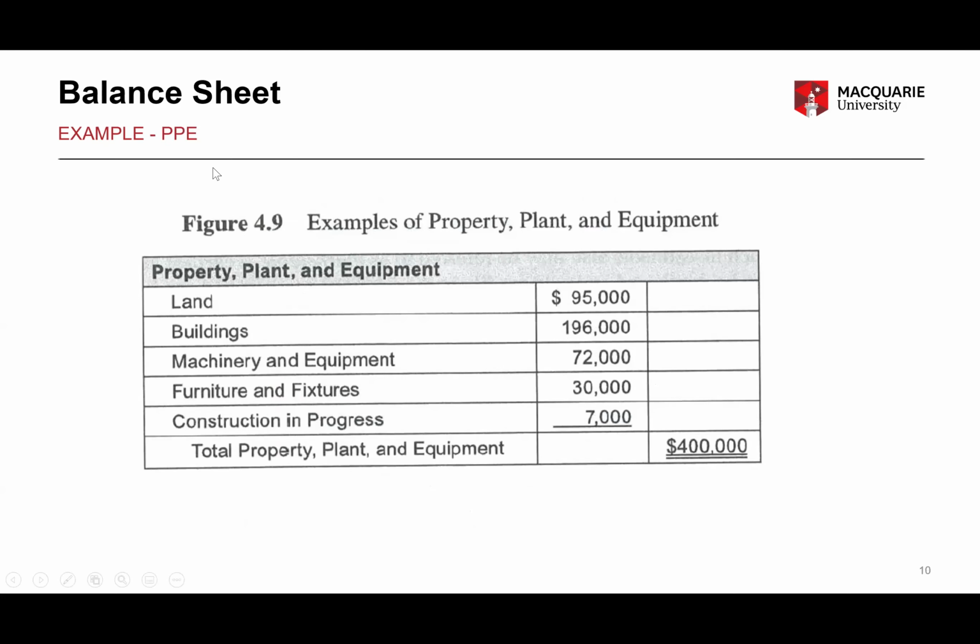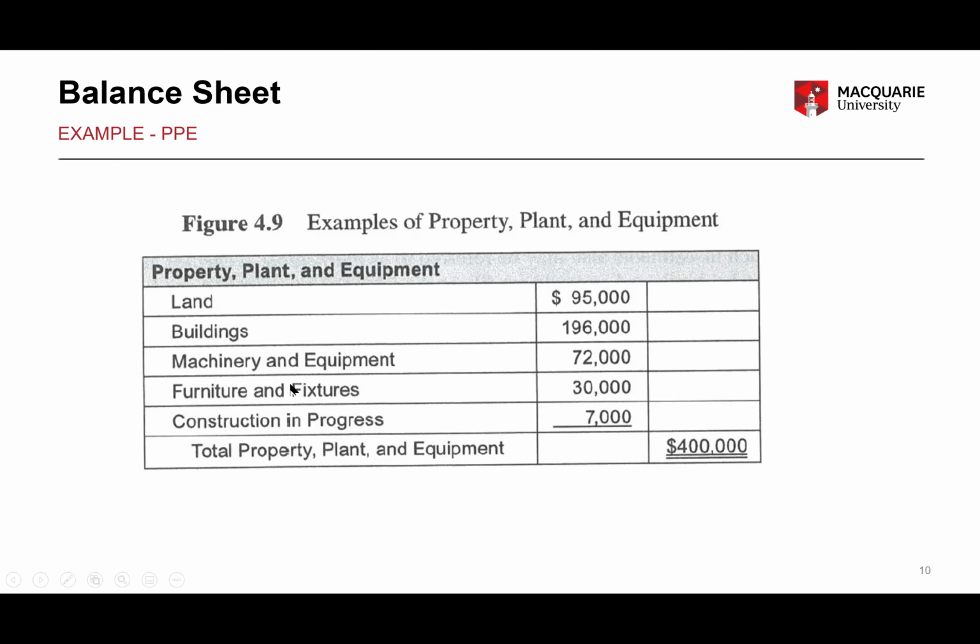All right, now what about long-term or non-current assets? We said that one good example of that is property, plant and equipment. And as I mentioned, that could include land, buildings, machinery and equipment, furniture and fixtures. So if it was Woolworths, for example, as a company, that would include all the shelving that they use.